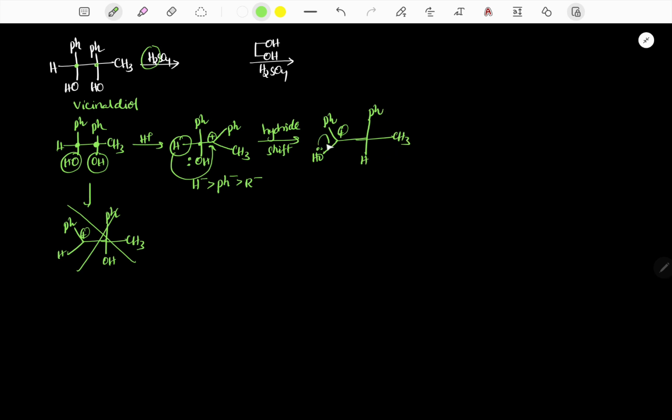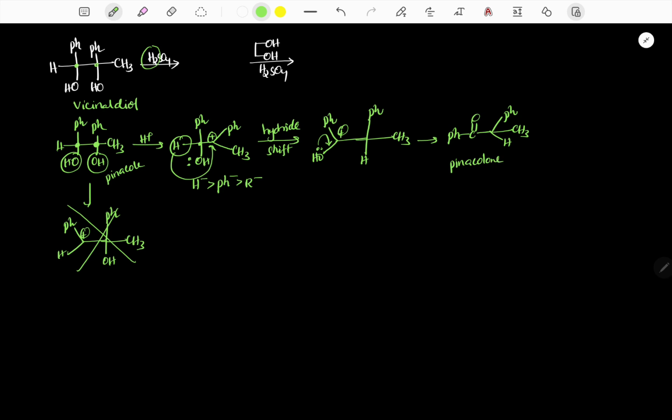Now the O lone pair participates in resonance and it loses a proton. Finally, it gives the corresponding ketone, our final compound. This entire reaction is known as the pinacol-pinacolone reaction. So this compound is pinacol type and this compound is pinacolone type.